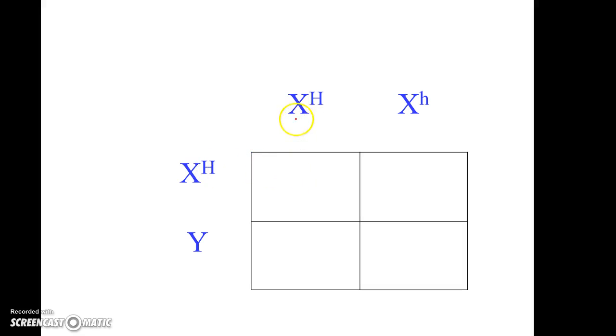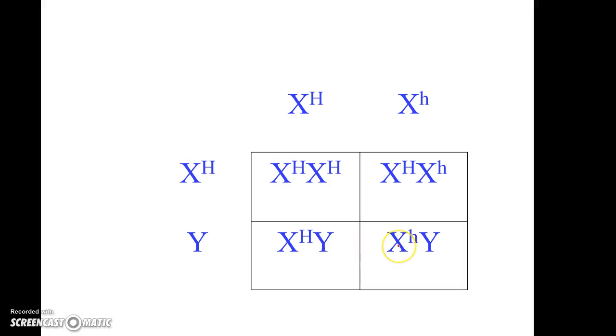So these two are going to go in first, the big X with the big H. Then we're going to go to the second box, big X, big H. And then we're going to get the big X big H, big X little h, big X big H and Y, big X little h and Y.